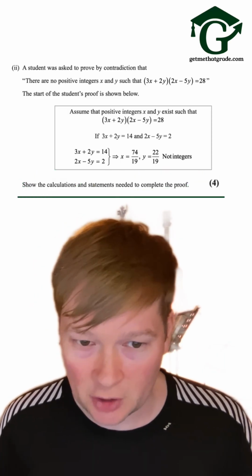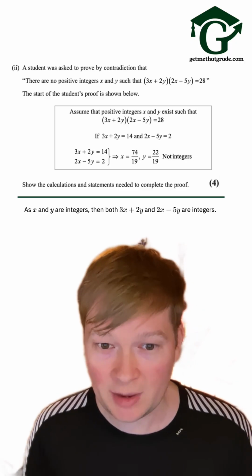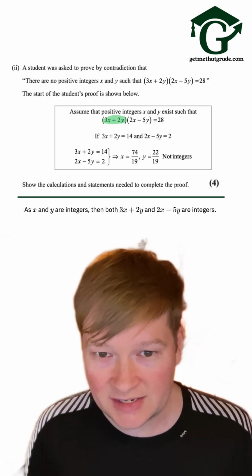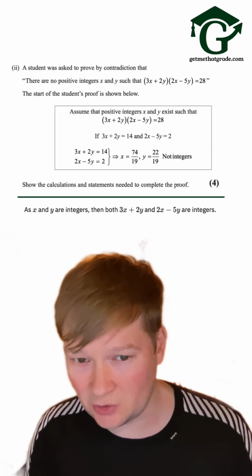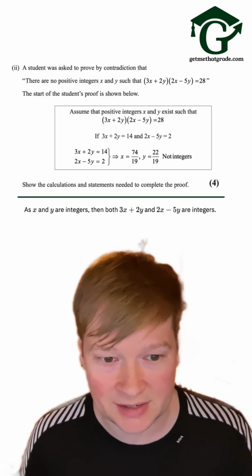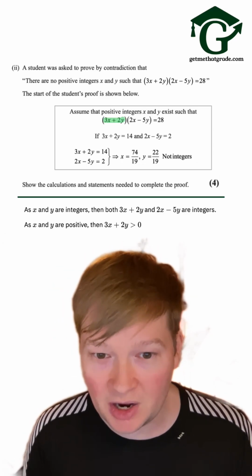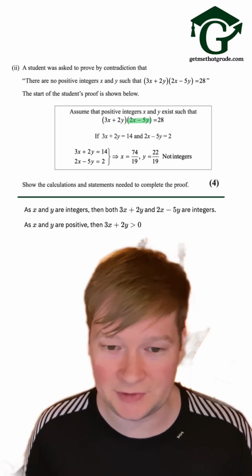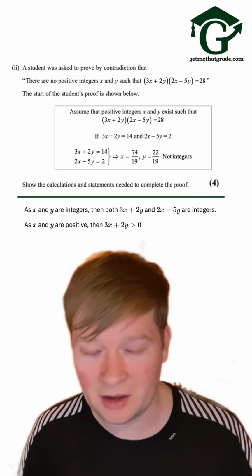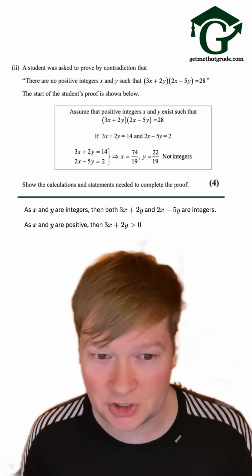So let's just note that as x and y are both integers, then this and this are both integers too. So we don't need to consider any fractions or decimals, anything like that. Also notice that this part is positive, as we discussed before. So this is going to be positive too. So we only need to consider products of positive integers.